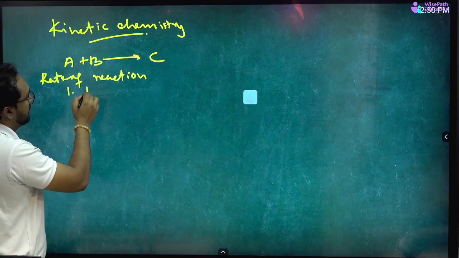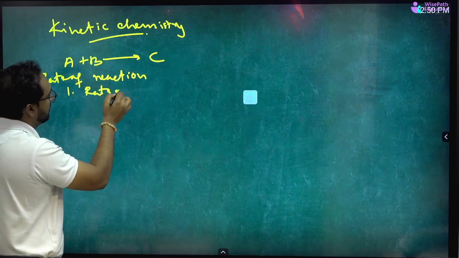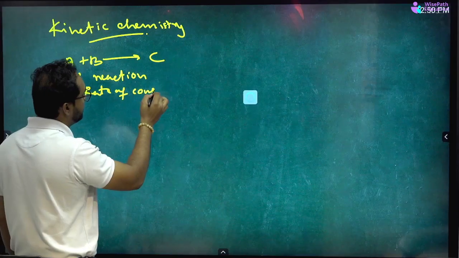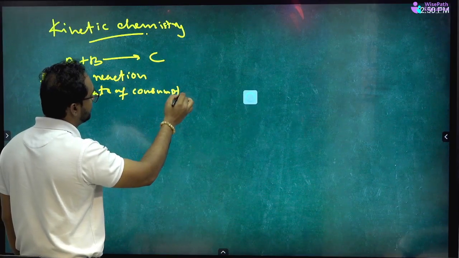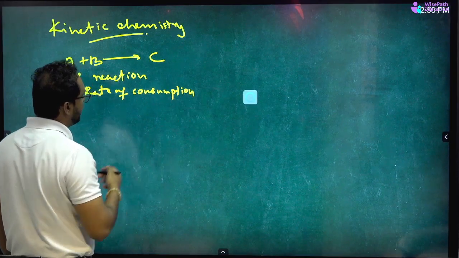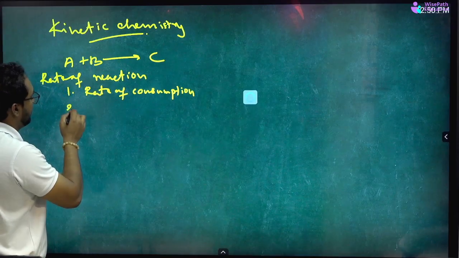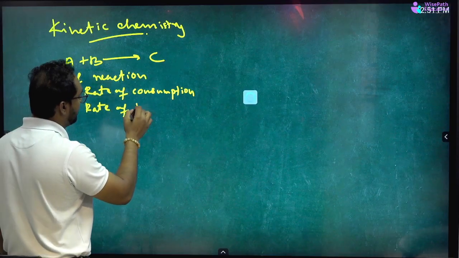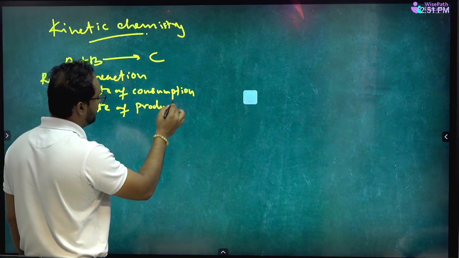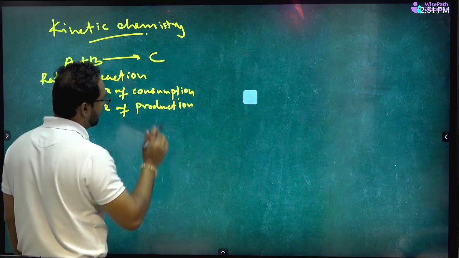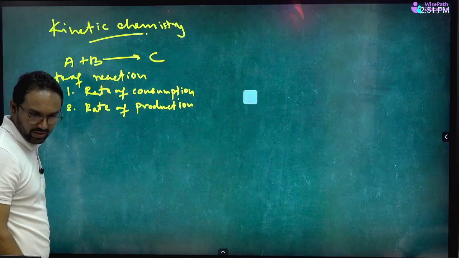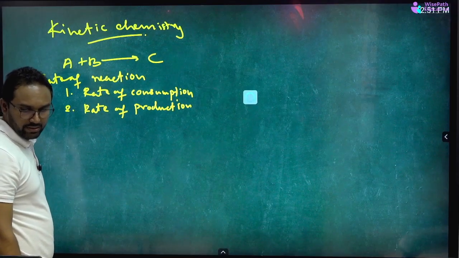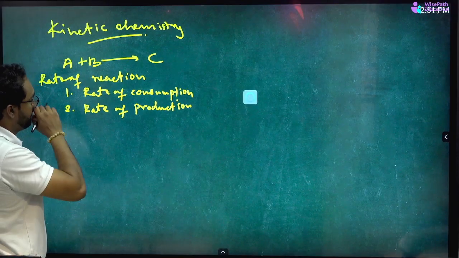One is rate of consumption, that is depending on the reactants. The second is rate of what? Production. These are the two ways. Either a rate of consumption or a rate of production, right?